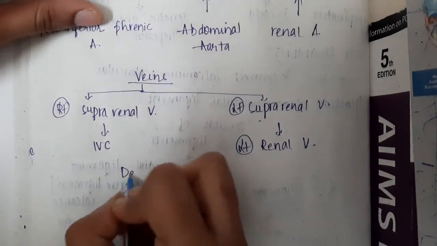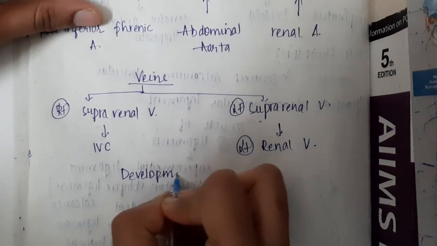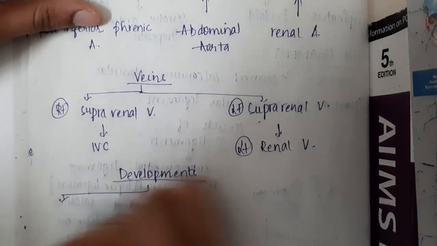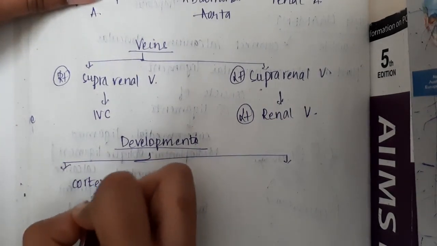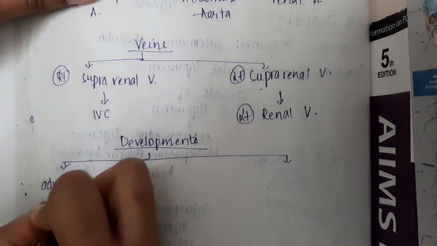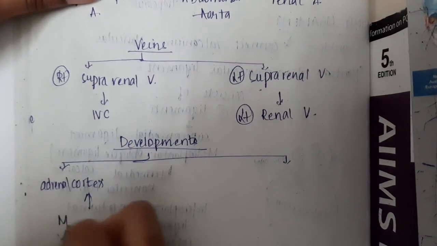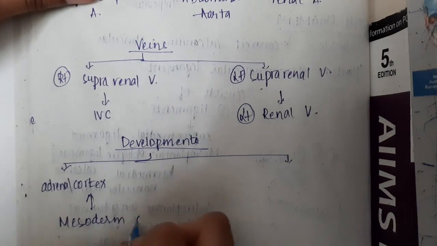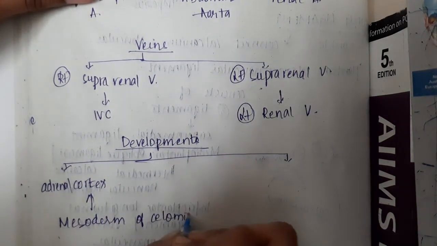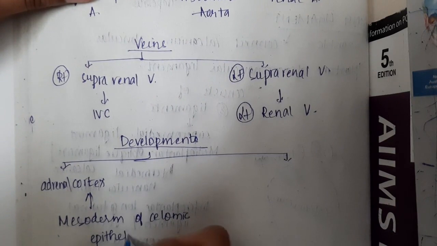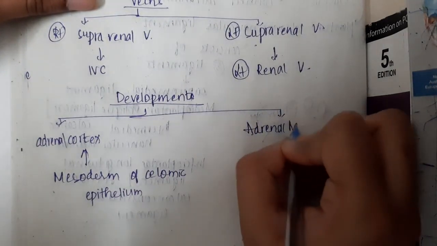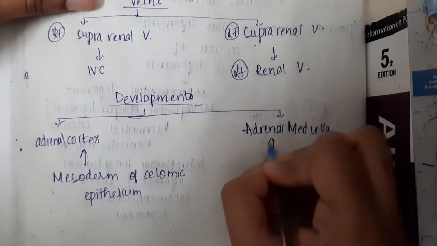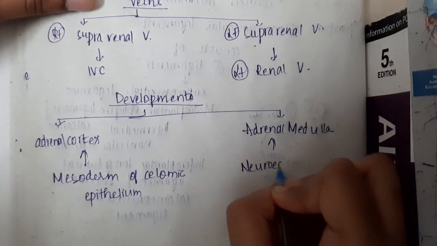Then about the development of the suprarenal gland, the adrenal cortex is a derivative of mesoderm of coelomic epithelium, and the adrenal medulla develops from neuroectoderm. So these are important things which should be remembered.